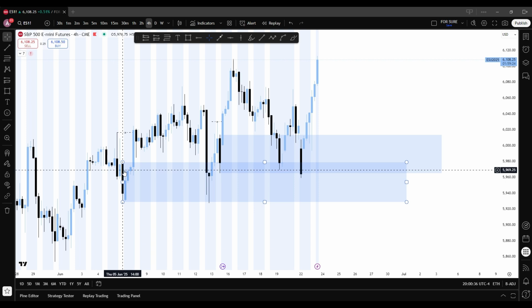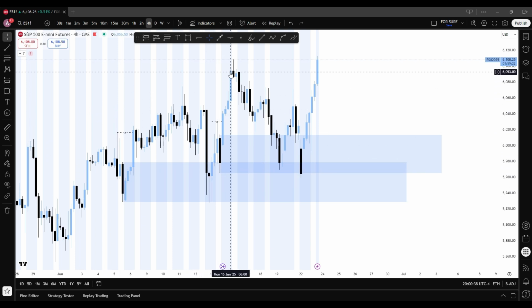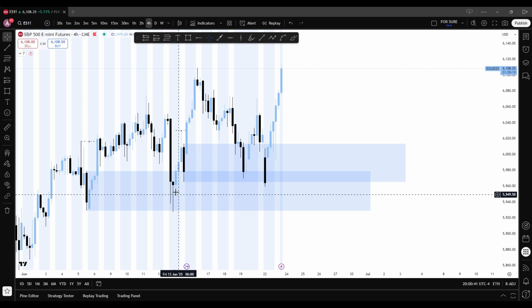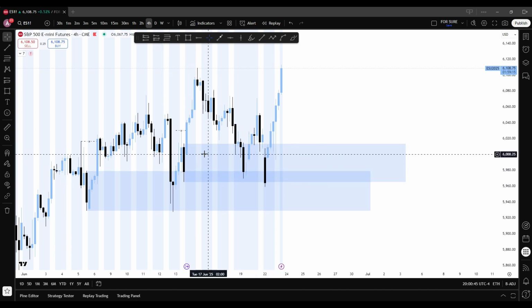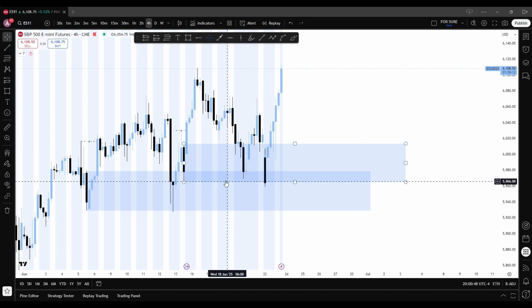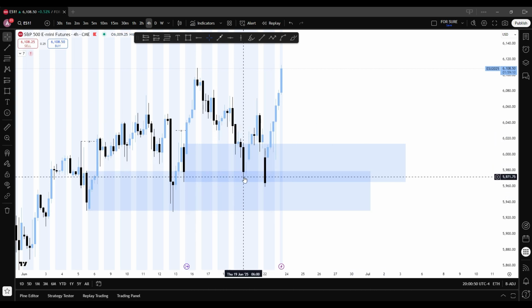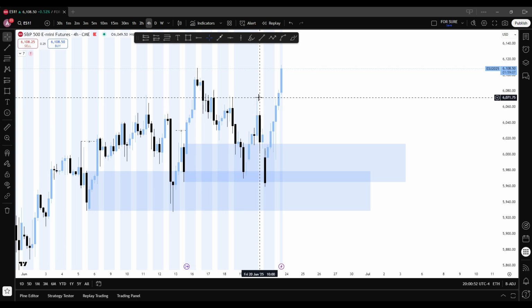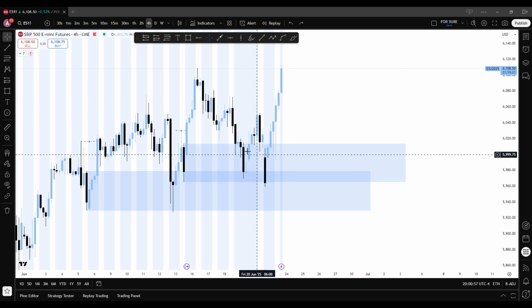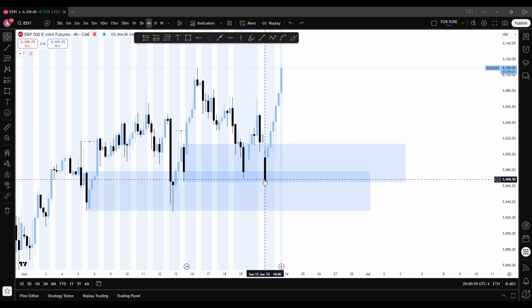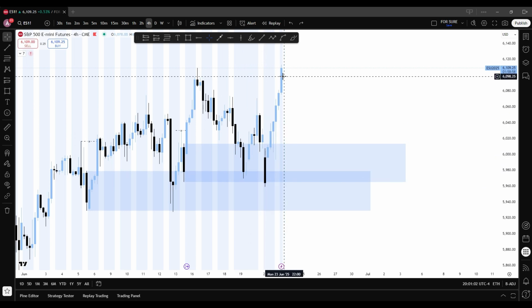What happens here when price taps it? It bounces, it goes up. And this is just one of them. Imagine this one. These two are overlapping a little bit. This is already an order block right here, and then there's one underneath. It goes down, taps it, bounces. Again, right here, it taps both of them, bounces.